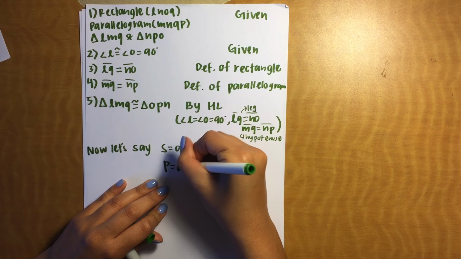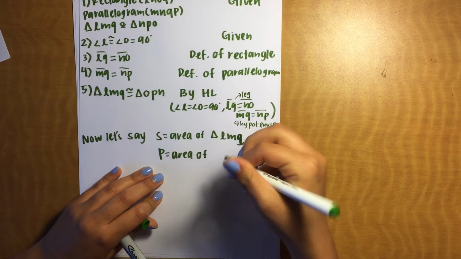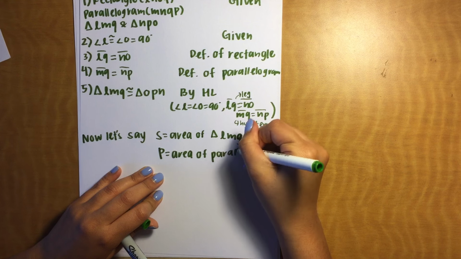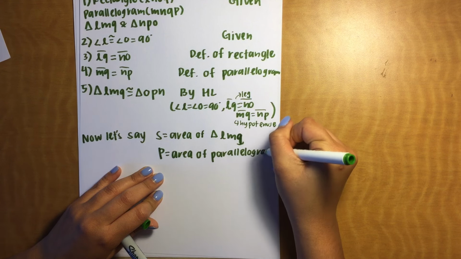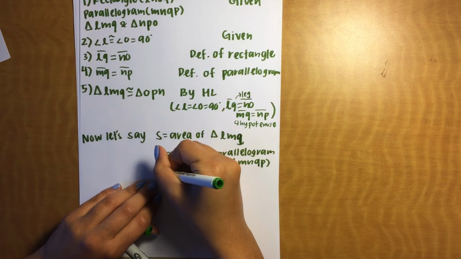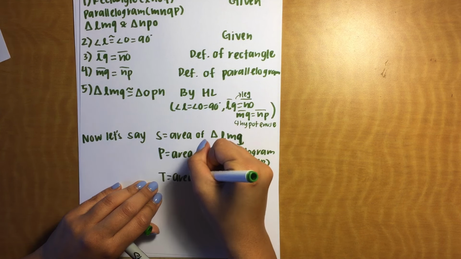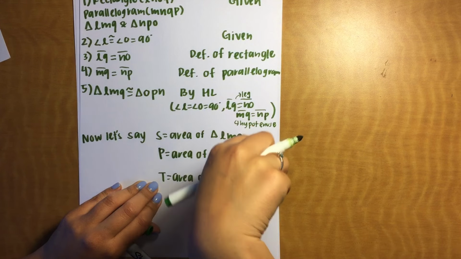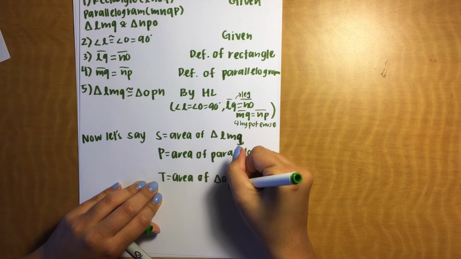P is the area of parallelogram MNQP, and T is the area of triangle OPN.